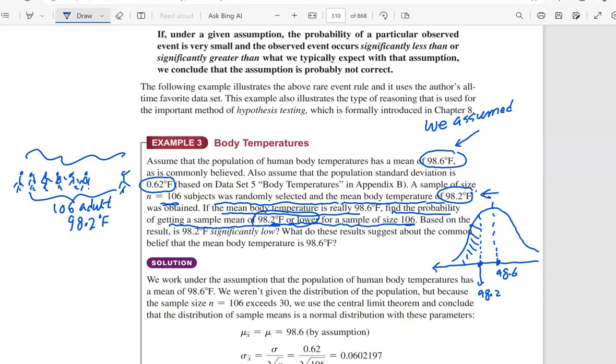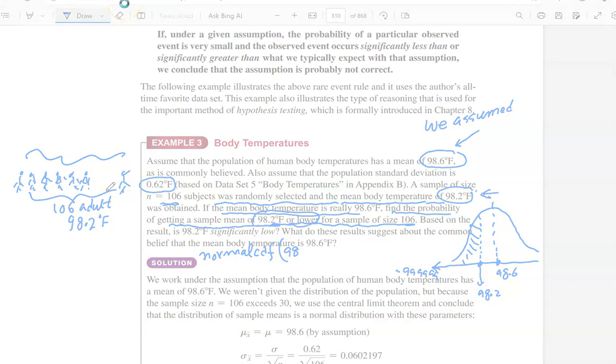What is the probability? So we do normal CDF. What is lower? You go this way now, to the left. So you're going to have negative 999,999 for lower, and upper is 98.2.